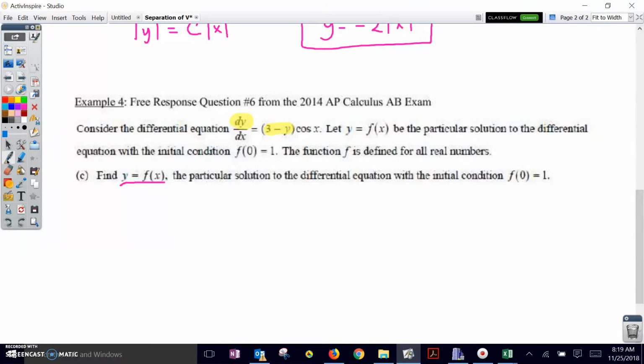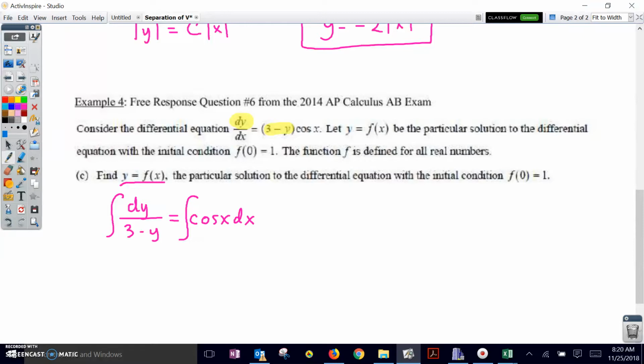So we're going to go ahead and separate. We'll divide both sides by the quantity 3 minus y, and we'll multiply both sides by dx. And now we have our equation separated, and so we're going to integrate both sides.